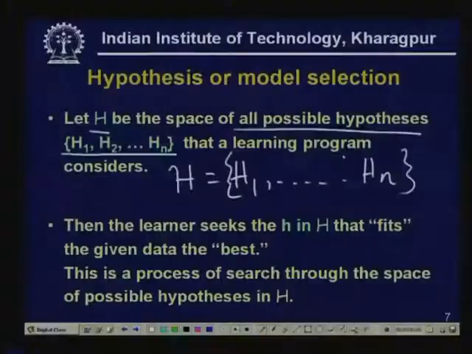So, the objective of the learner is to find a hypothesis h, which is a member of the hypothesis space H, which fits the training data the best. Now, we will see what we mean by fitting the training data later. In order to identify a good hypothesis or the best fit hypothesis from the hypothesis space, the learning algorithm has to carry out some form of search through this hypothesis space, through the space of possible hypotheses.